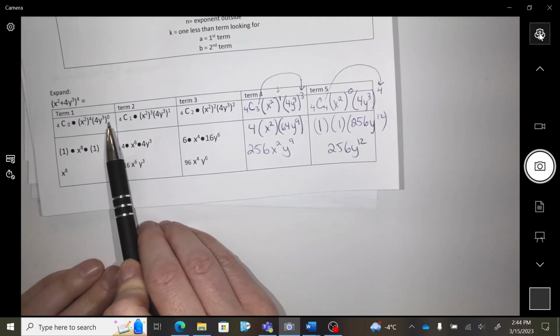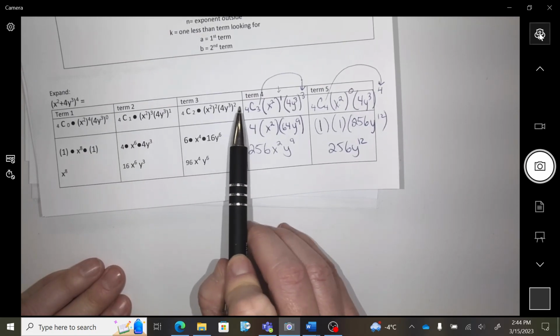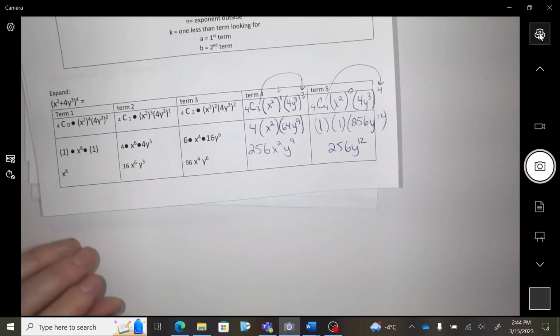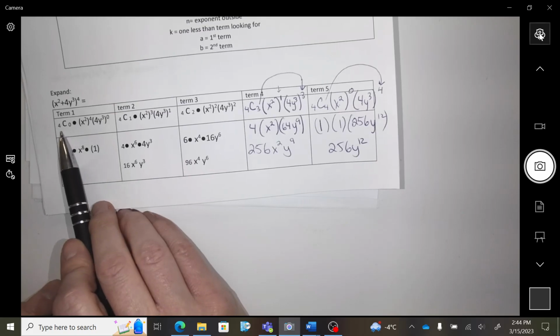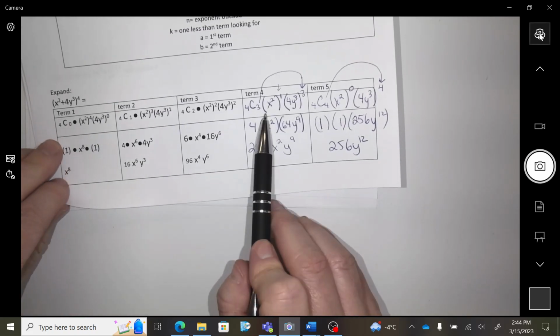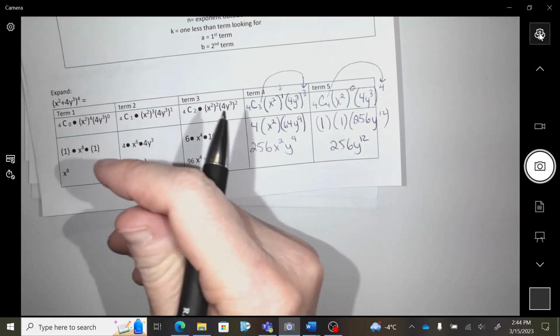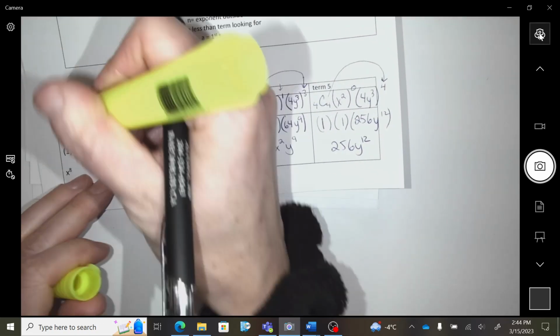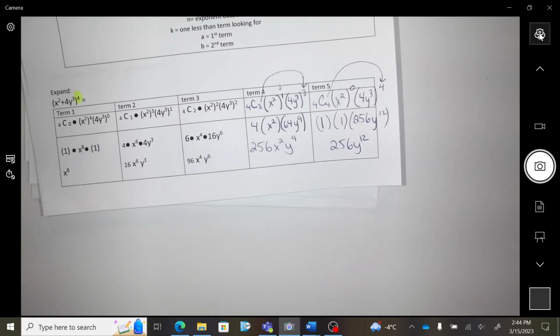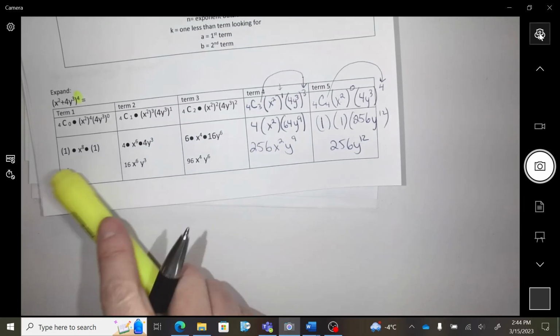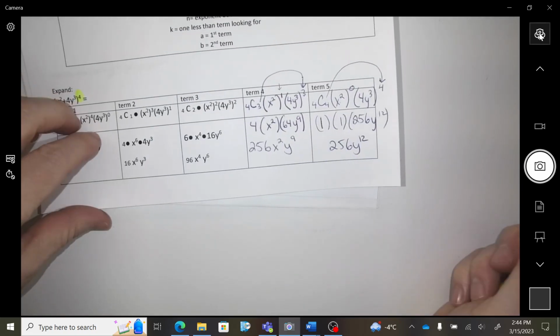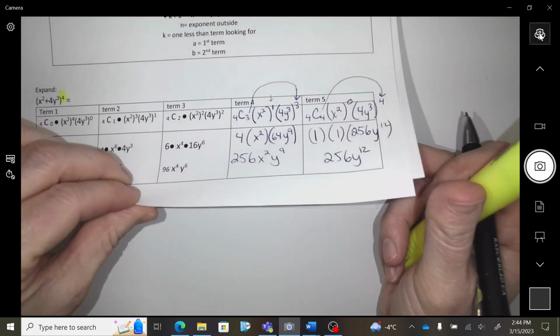And then this one went up: 0, 1, 2, 3, 4. And then we started with 4 choose 0, 4 choose 1, 4 choose 2, 4 choose 3, 4 choose 4. And because this is a fourth exponent, how many terms did we end up with? 5 terms. You always get one extra because of the 0 count.